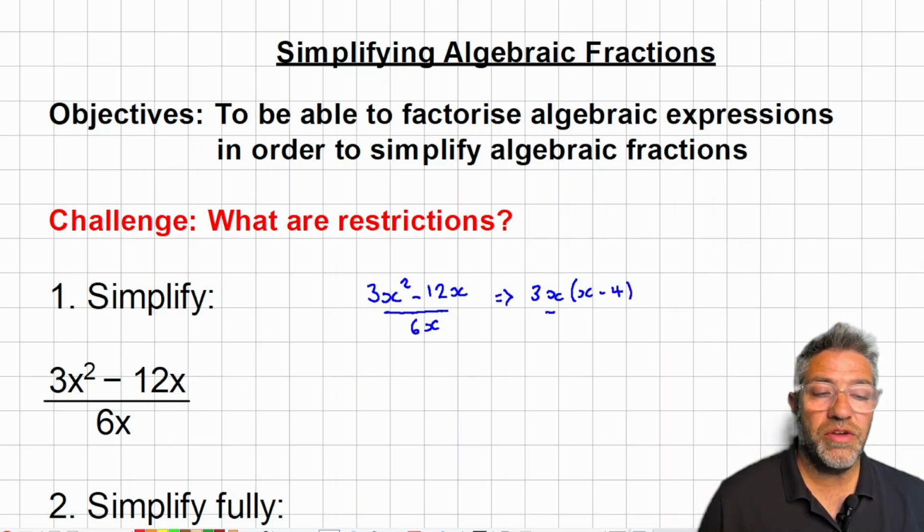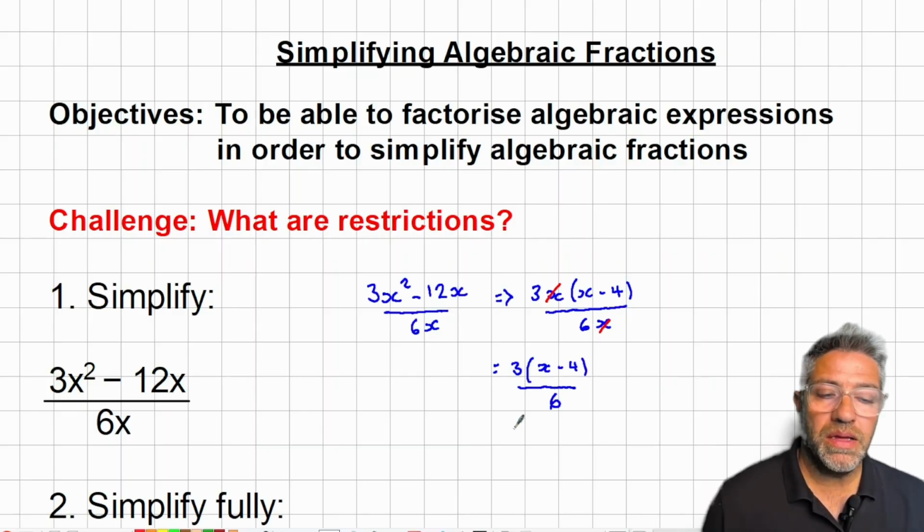But that's still all over 6x. Now straight away, because we're multiplying by x in the numerator and the denominator, they will cancel. So that leaves us with 3, open brackets, x minus 4, close brackets, all over 6. Now that is simpler, but it is not simplest.